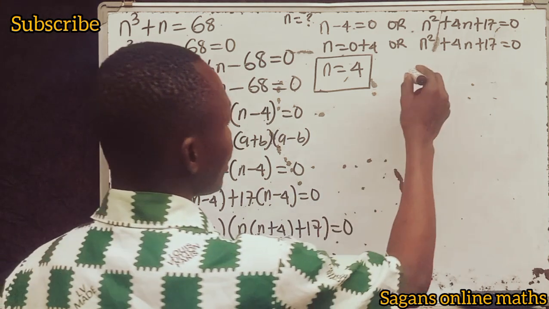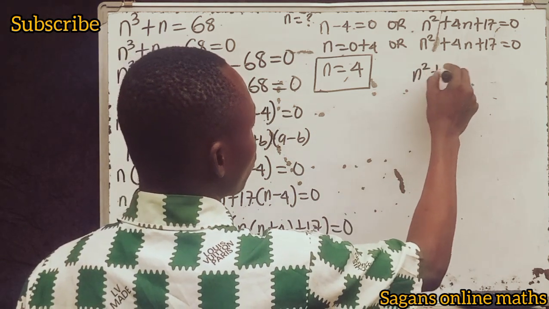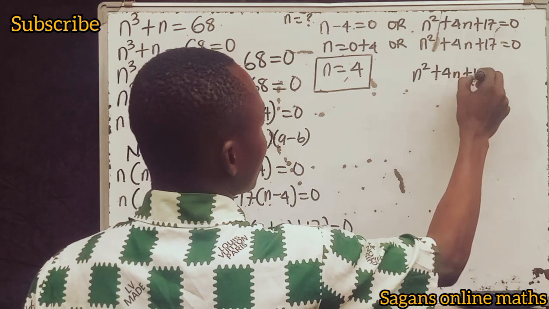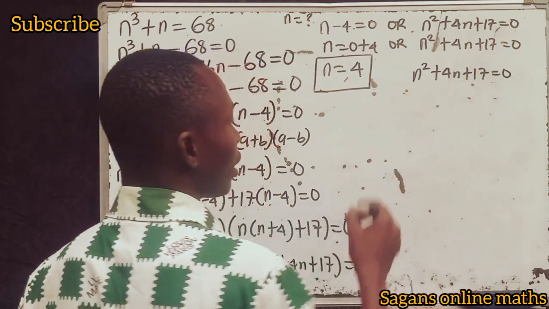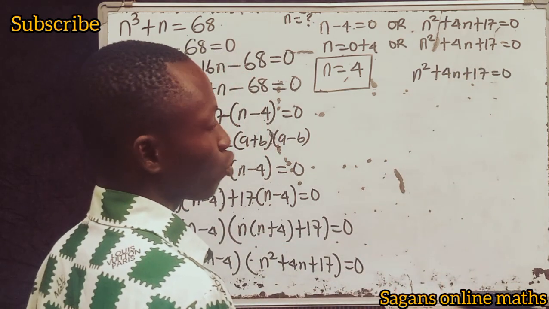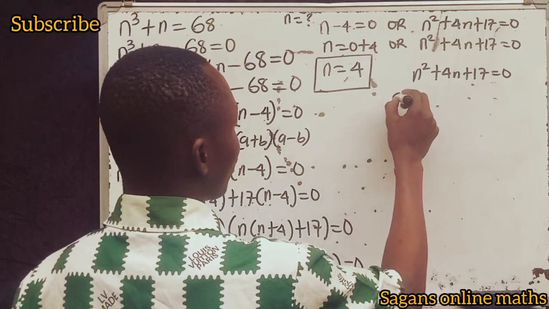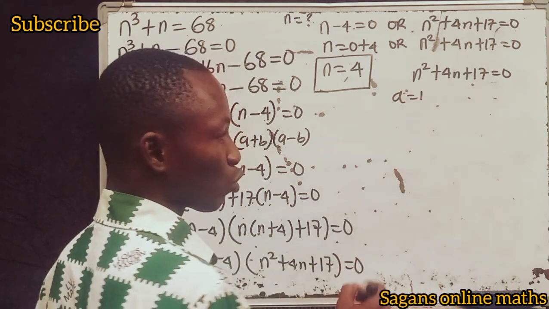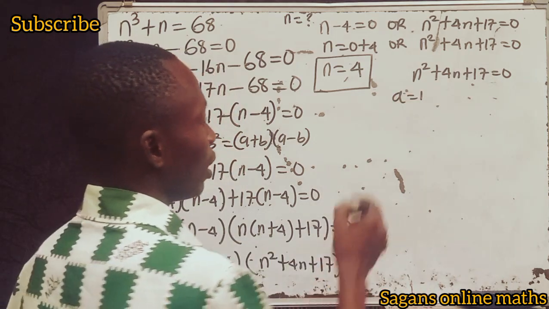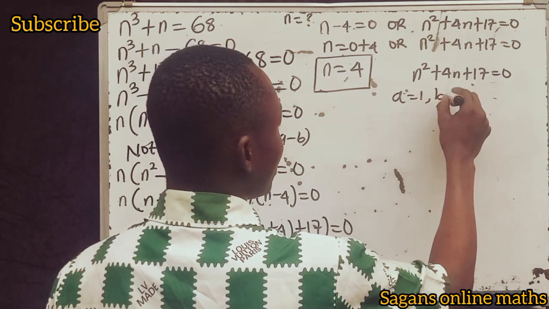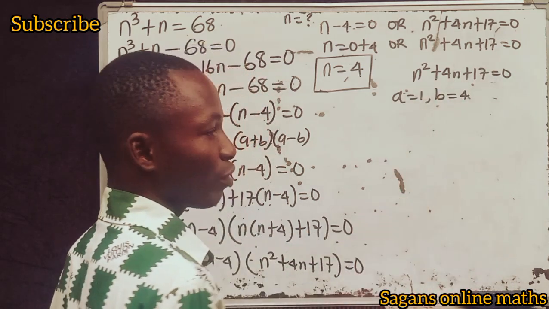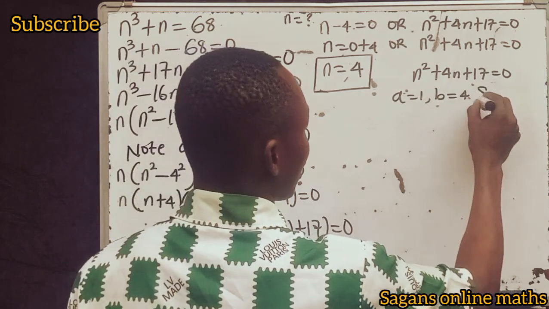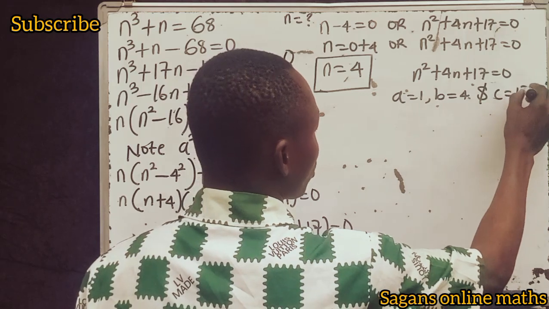But we also have this: n to the power of 2 plus 4n plus 17 equals 0. Now we can use the quadratic formula to solve this also, so we know that our a equals 1, because the coefficient of n squared is 1, and our b equals 4, because the coefficient of n is 4. Then our c, which is the constant, equals 17.